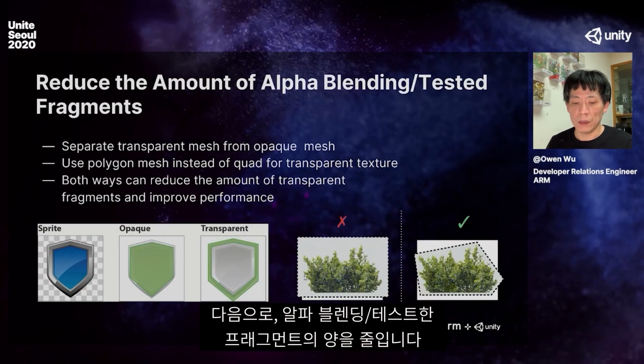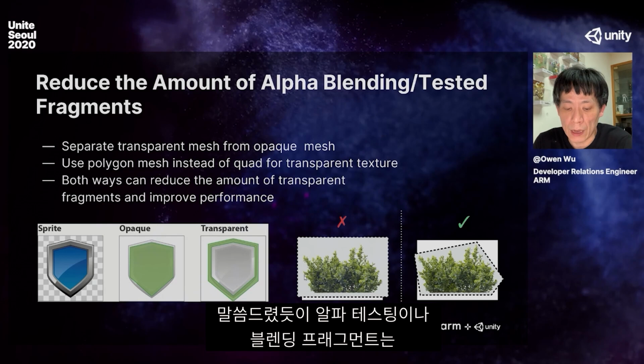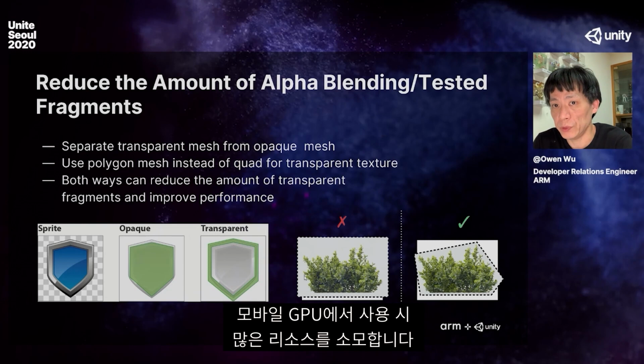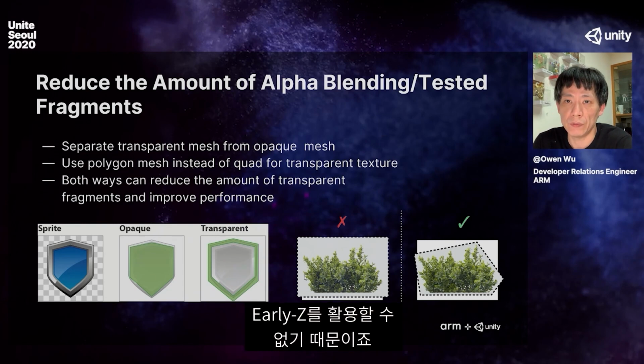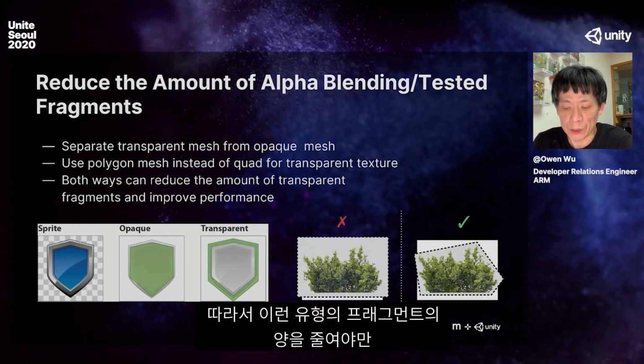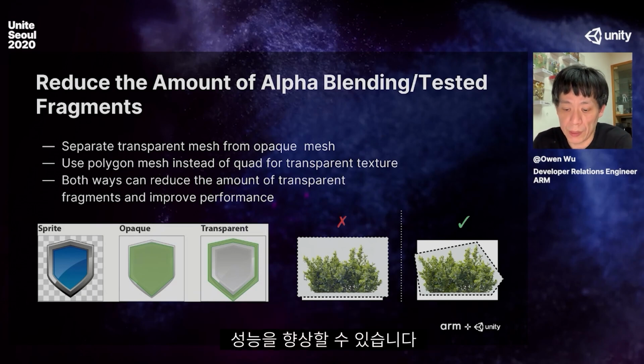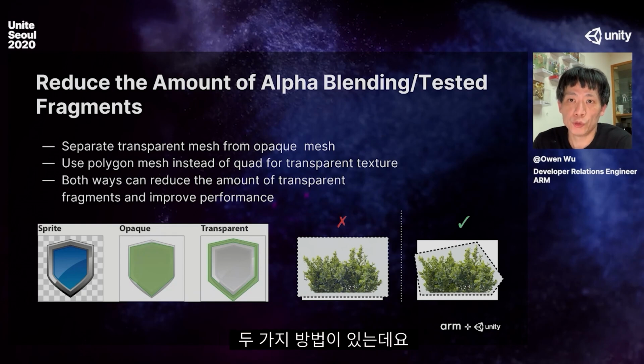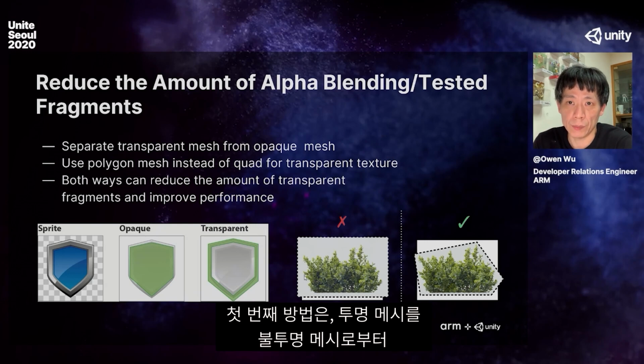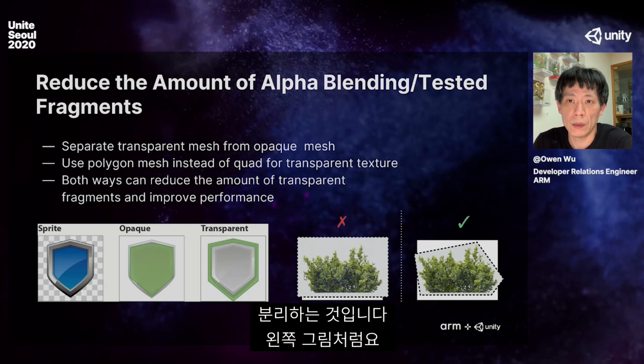And the next one, reduce the amount of alpha blended or tested fragments. I just said alpha testing and blending fragments are expensive for mobile GPU because they cannot take advantage of RZ. So we need to reduce the amount of this kind of fragment to get the best performance. There are two ways to do that. The first one is to separate the transparent mesh from the opaque mesh, like the left image shows.